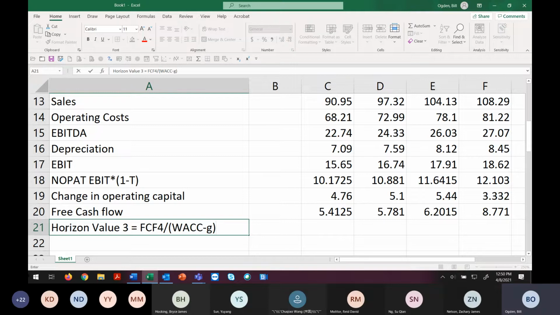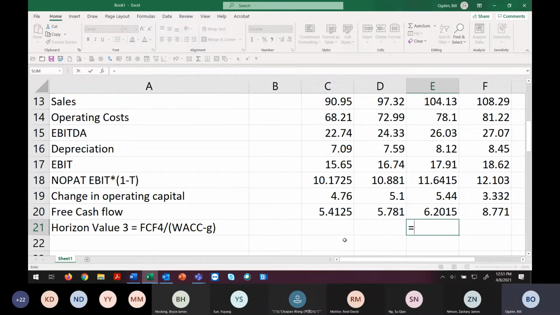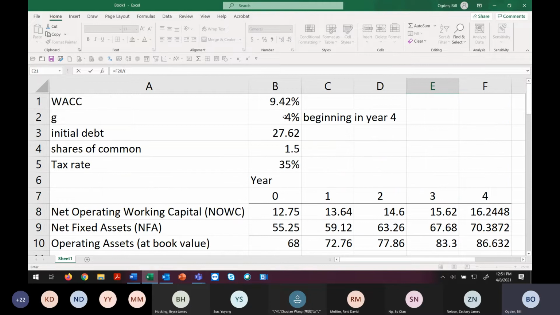We will complete our horizon values for the semester in this unit, so we'd have now a total of 5 different types of horizon values that we've done. So let's put this one in. It equals the next free cash flow, the first free cash flow where constant growth begins, divided by WACC, or R, minus your growth rate.